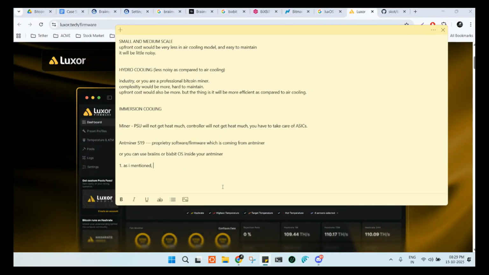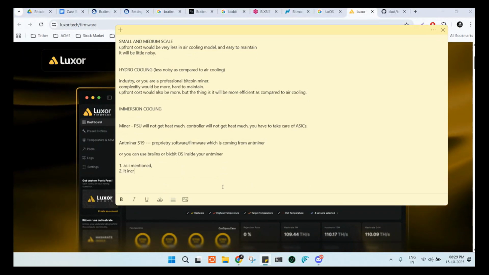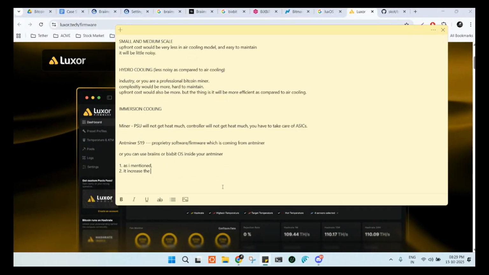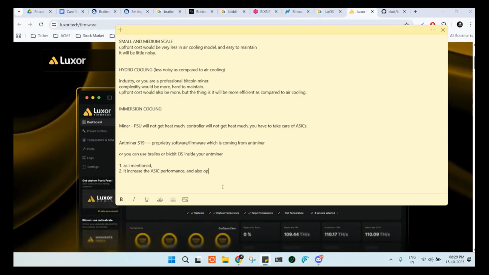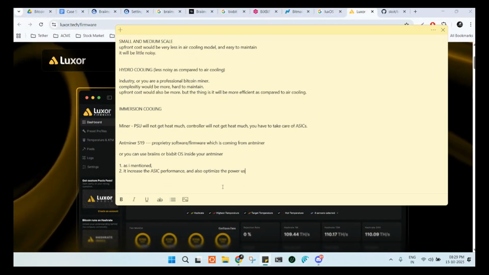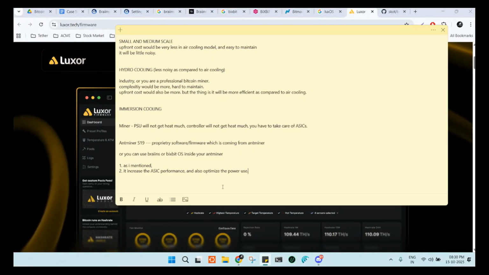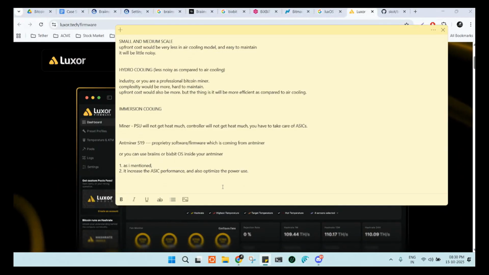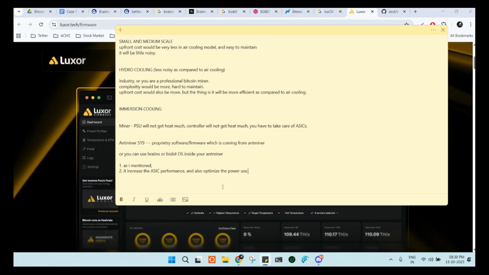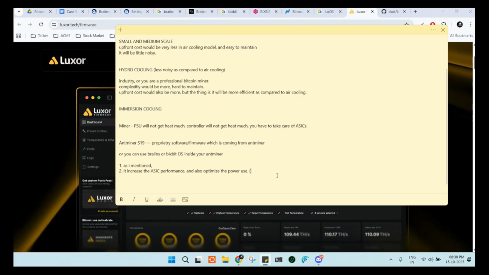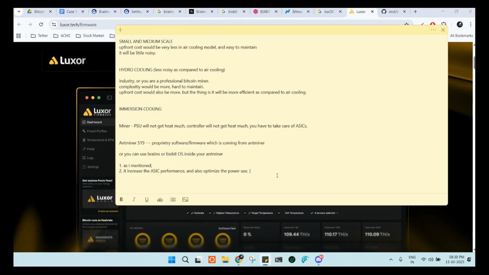Second thing is it increases the ASIC performance and also optimizes the power use, because those are very good software engineers, and they have written a firmware in such a way that it is less bulky compared to the proprietary firmware. I have used Braiins OS and Bixbit, and they will give you roughly 10% boost.